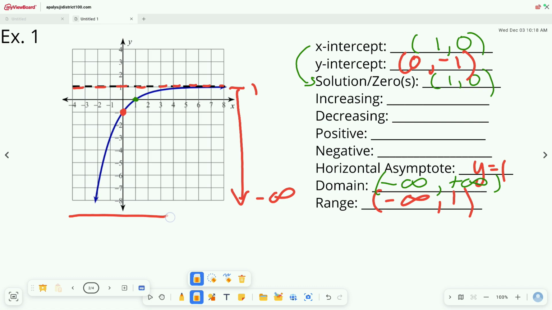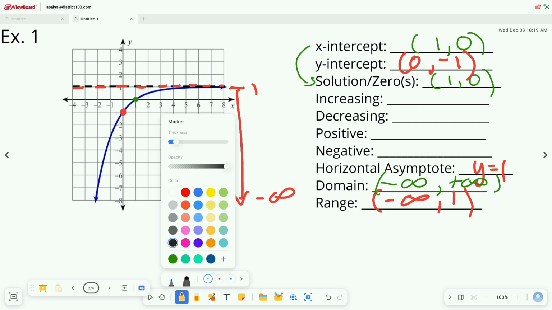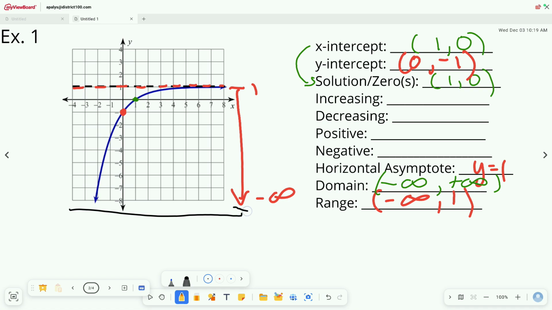I just want this. Okay, so I am going to make the same mistake twice. So I'm going to make more space under the graph so that you guys have room for your increasing, decreasing, and positive, negative number lines.